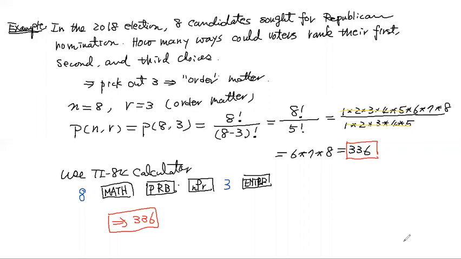The next one is distinguishable permutations.